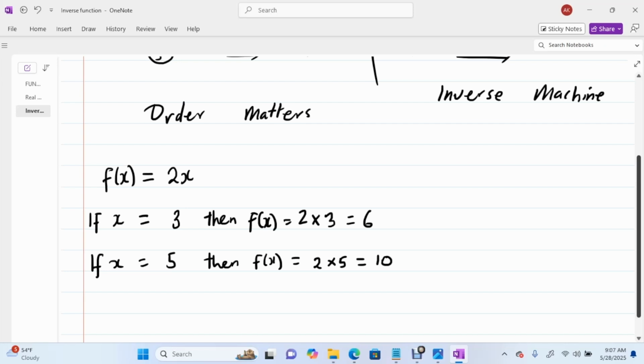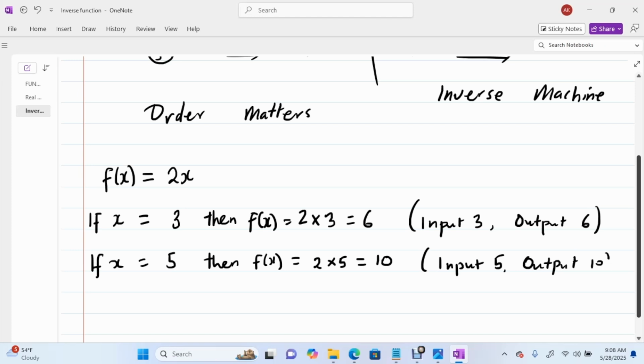So over here, the input for the first one was 3 and the output was 6. When you come here, the input was 5 and the output was 10.